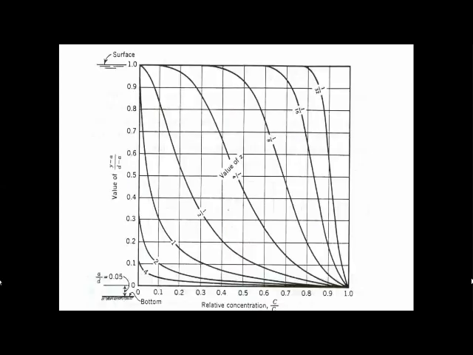Okay, so then that equation also can be translated into this graph. So ini yang dia punya concentration profile. The curves here are the values of Z, yang you ada power of Z tu kan. So that is your Rouse number lah.